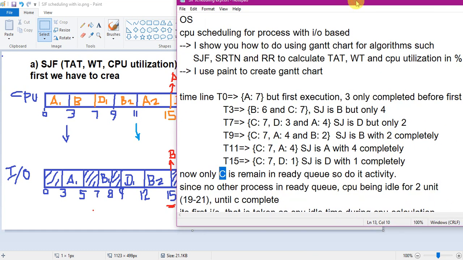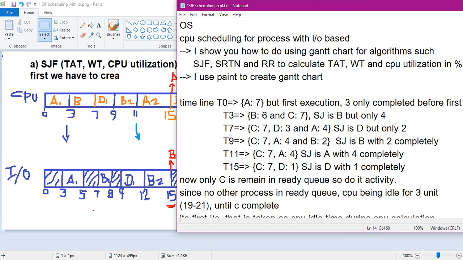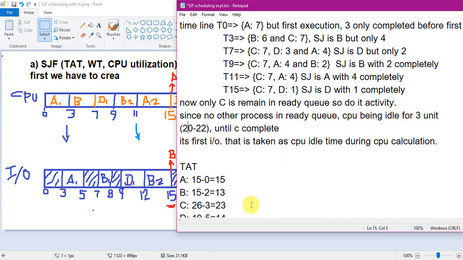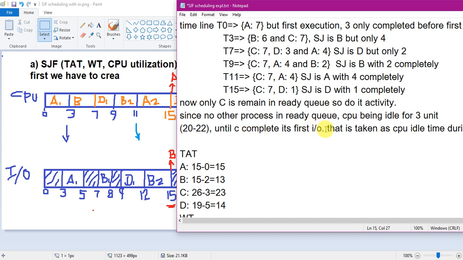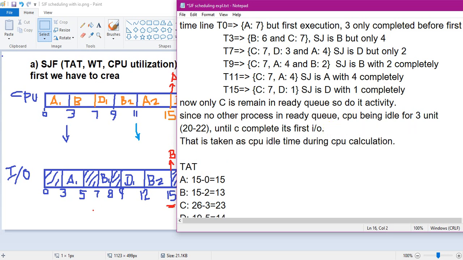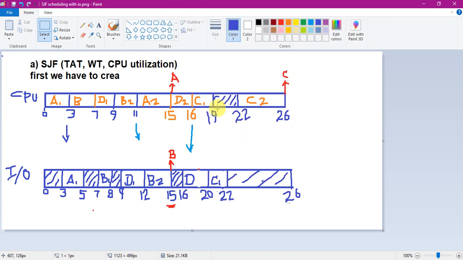Here is a little mistake. For 3 units, CPU being idle means from 20 to 22. No, it's not 20 to 22 until C completes its first I/O request. That is taken as CPU idle time.